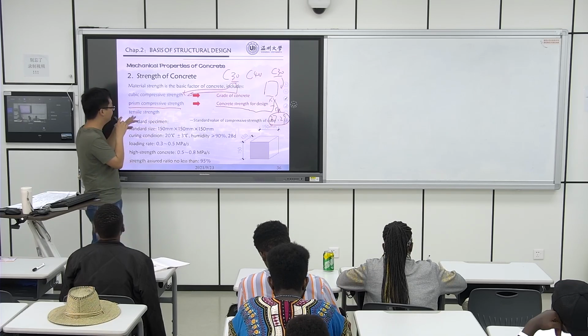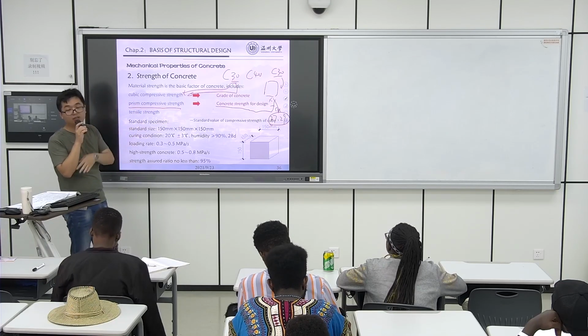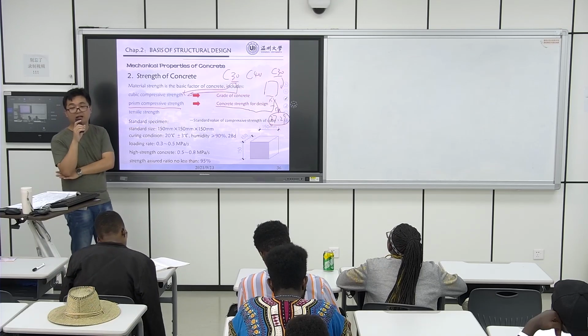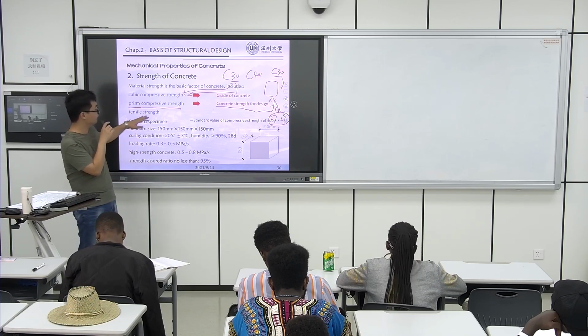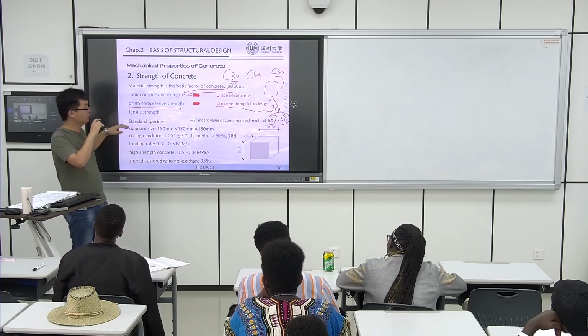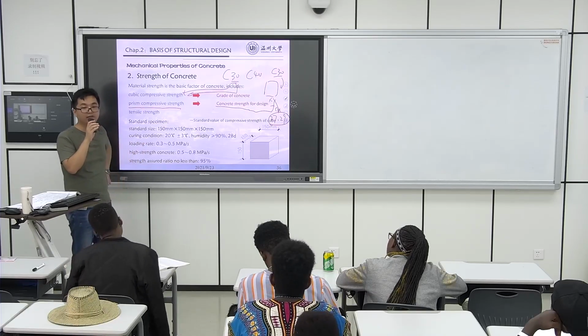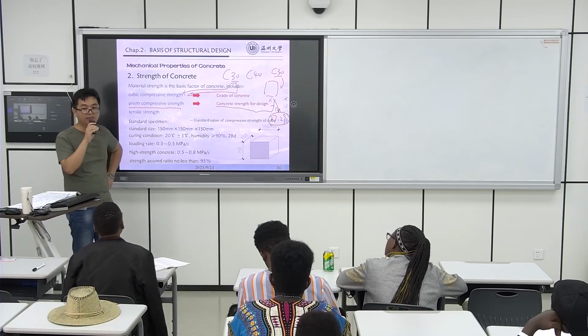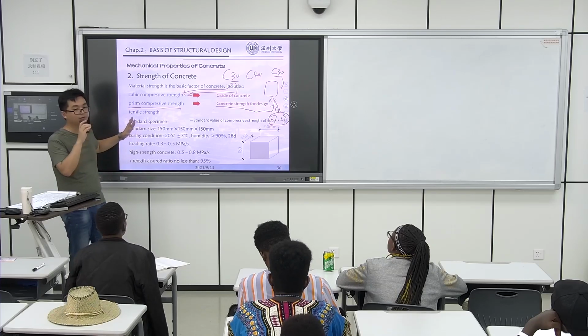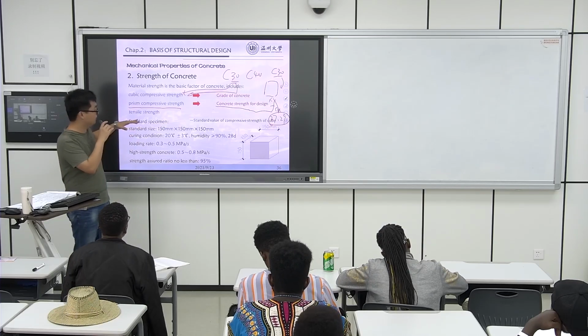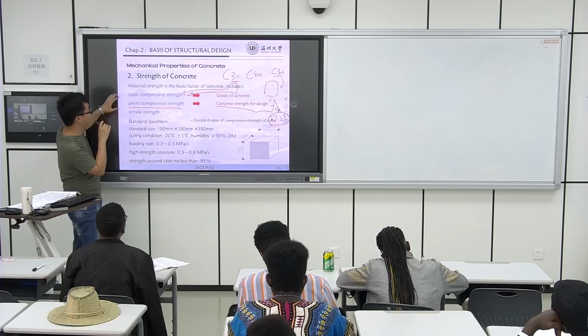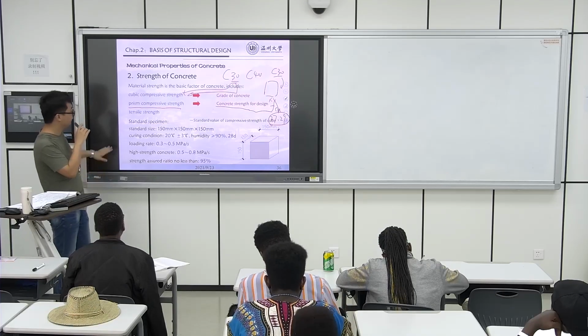And for tensile strength, we know concrete is weak in tension. The tensile strength here just lets you know how to carry out the experiment to measure the material and get the tensile strength. Okay, these are the three.